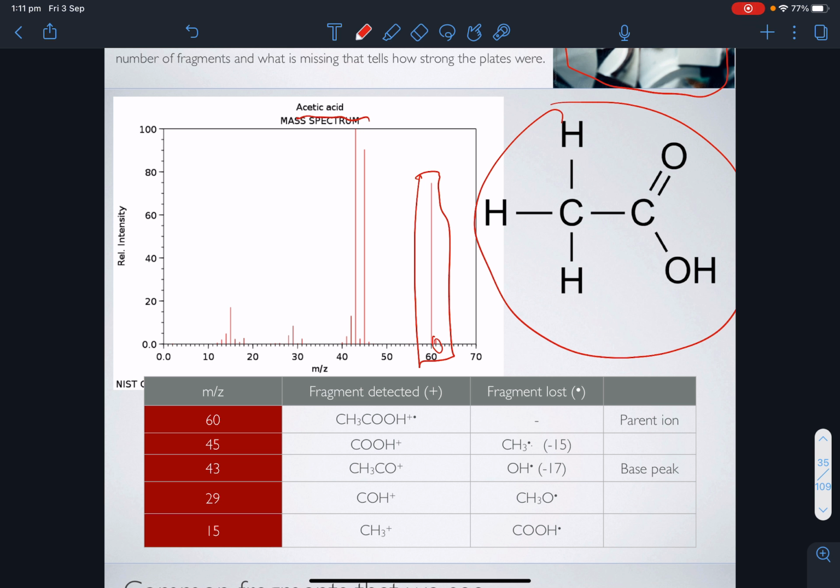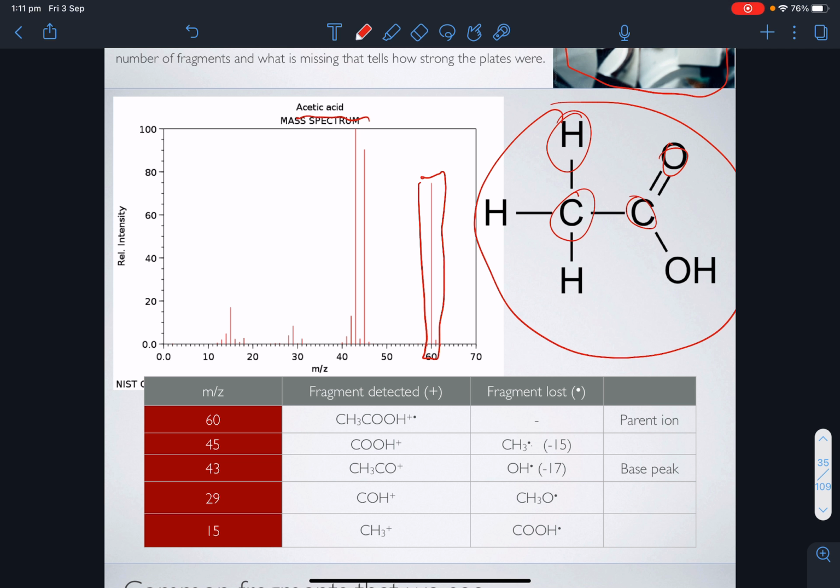We've got some heavy isotopes of carbon, hydrogen, or oxygen happening occasionally, and it's very rare, but it's enough to put a blip on the 61. But I'm going to call our parent peak 60. We'll talk more about isotopes soon. Mass spectrometers are brilliant for detecting isotopes.